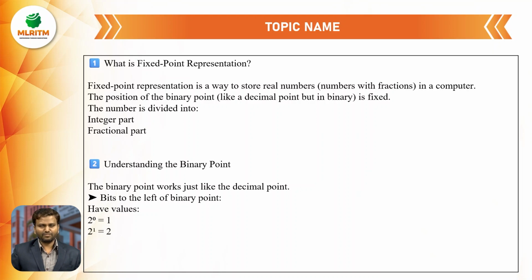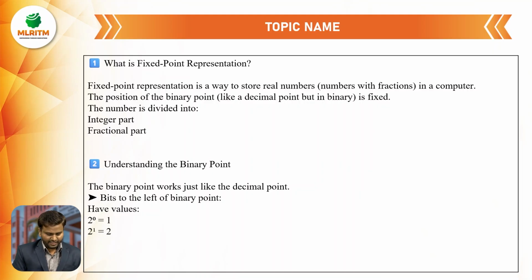For a number like 20.5 or 25.6, the bits to the left of the point are the positive powers, and the bits after the point are the negative powers. In 25.6, 25 on the left side has positive powers and the right side has negative powers.